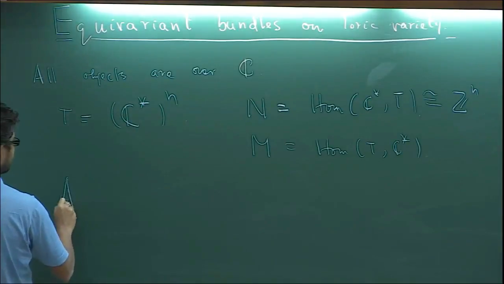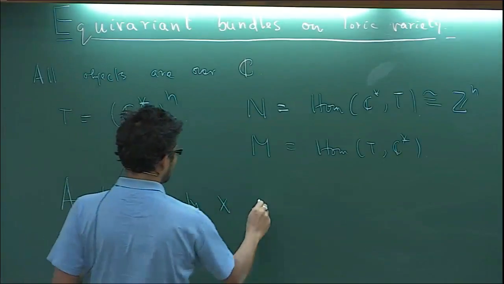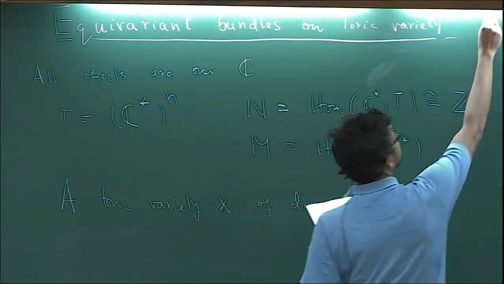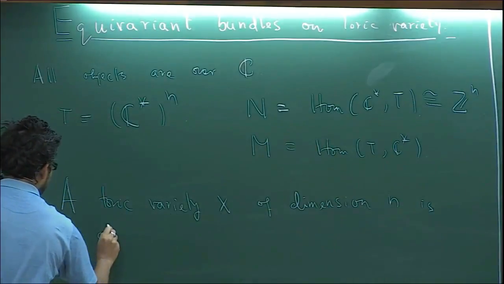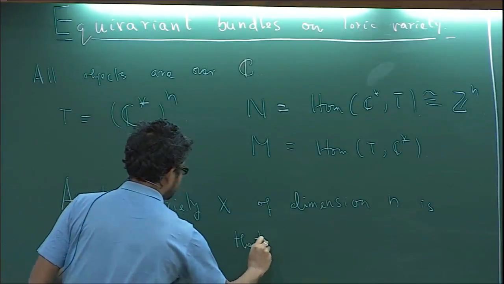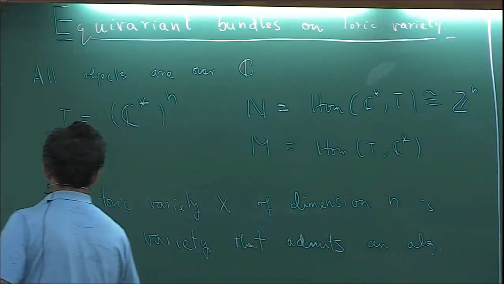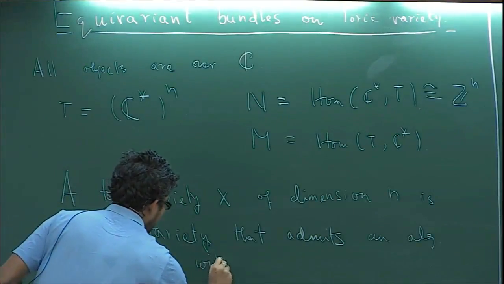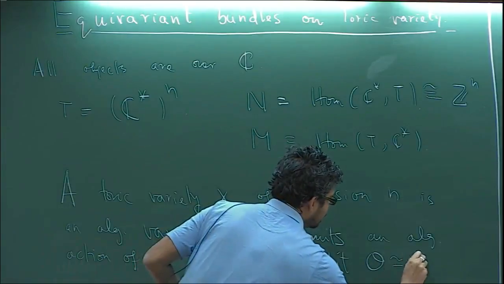A toric variety X of dimension n is an algebraic variety that admits an algebraic action of T with a dense orbit, which we call O, isomorphic to T.